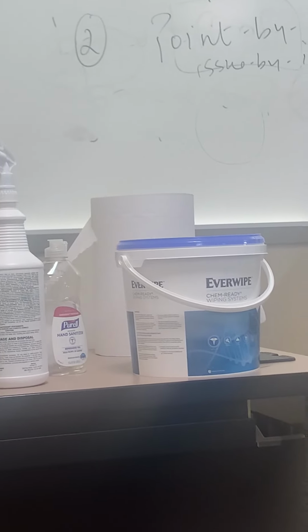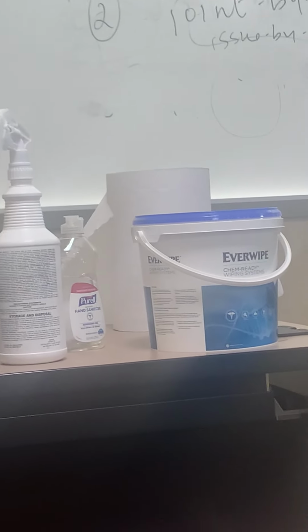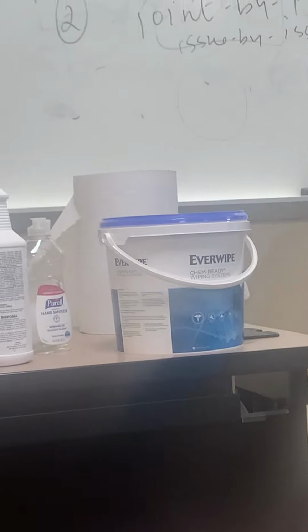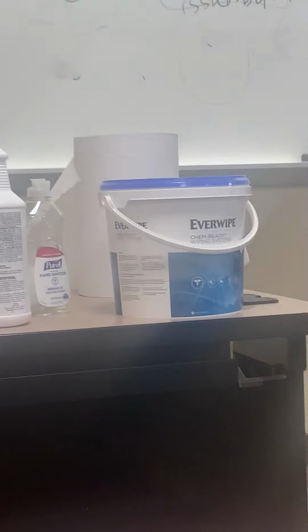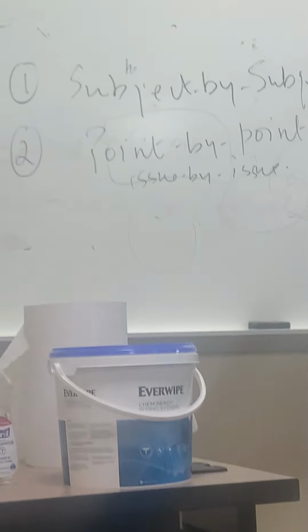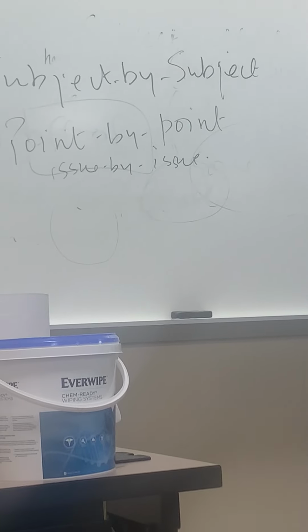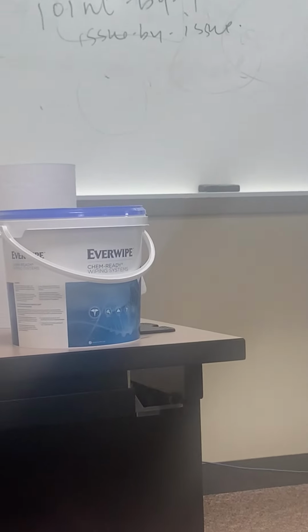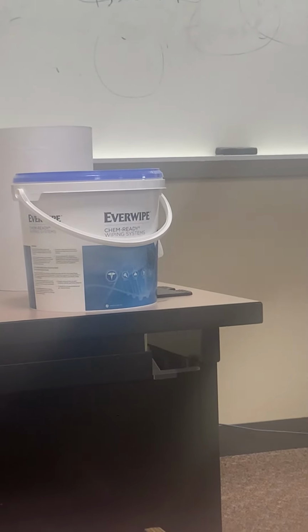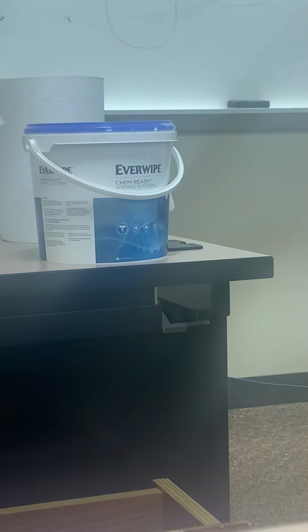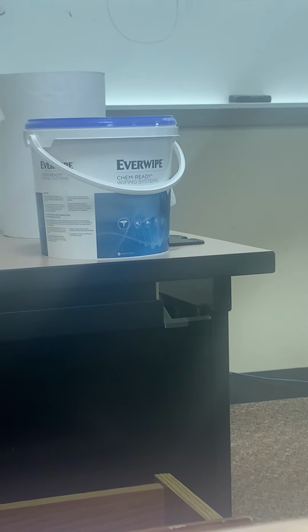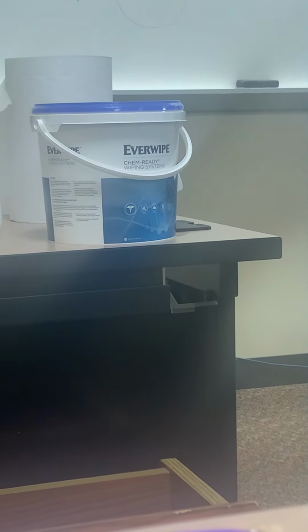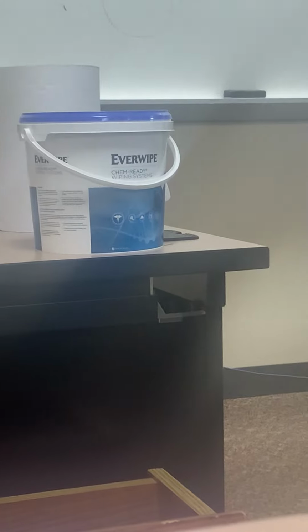You've selected 3 points or 4 points of comparison. Sorry, forgive me, this one is point by point. Because this is point 1, point 2, point 3, this is point by point.